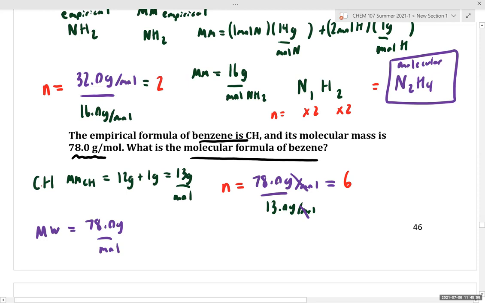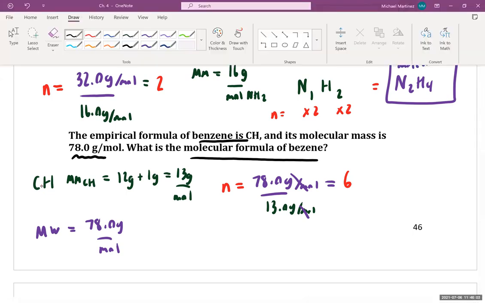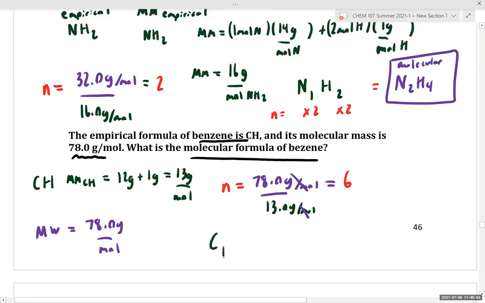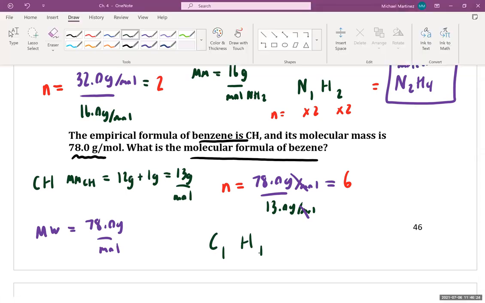So putting this all together, what is our final molecular formula? C6H6, exactly right.